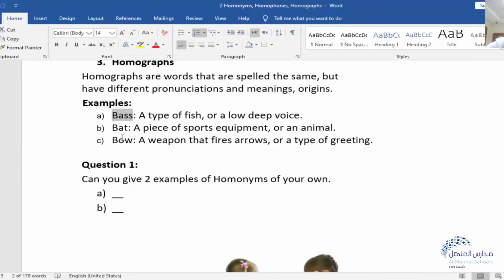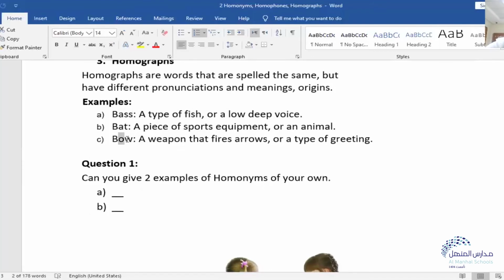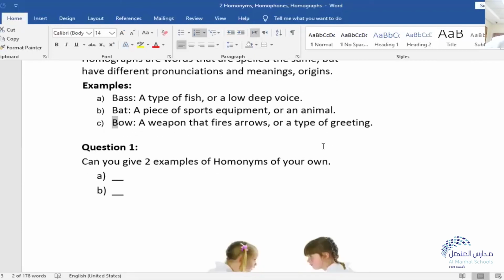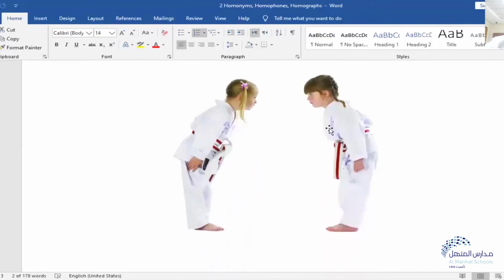And then bow and bow, right? I want you to think of a bow and arrow. A bow is a weapon that fires an arrow, right? So you have bow, a weapon that fires an arrow, and then you have bow, which is a type of greeting, traditionally used in certain parts of Asia.